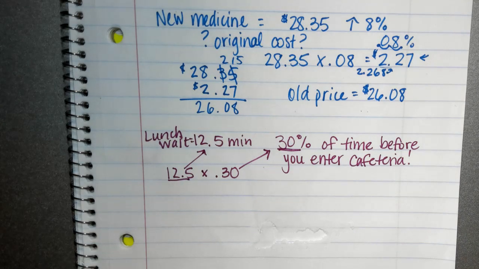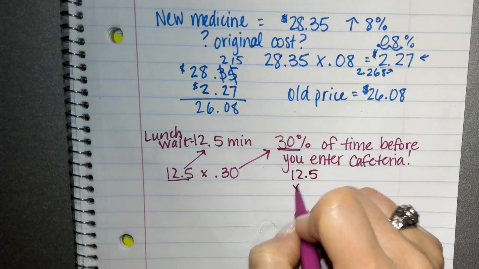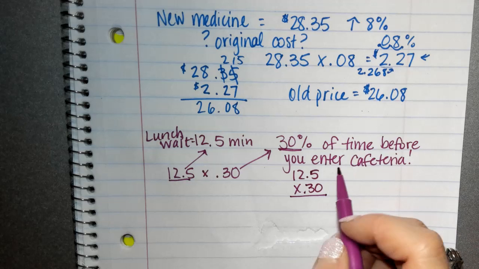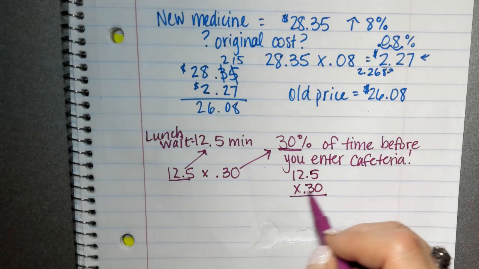So if we did 12.5 times 30%, 0.30, my bad. Okay, not 30. We could set that up. 12.5 times 0.30.